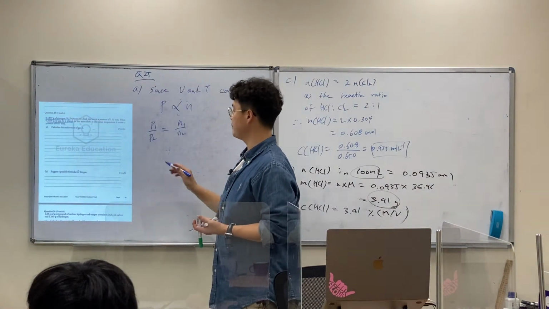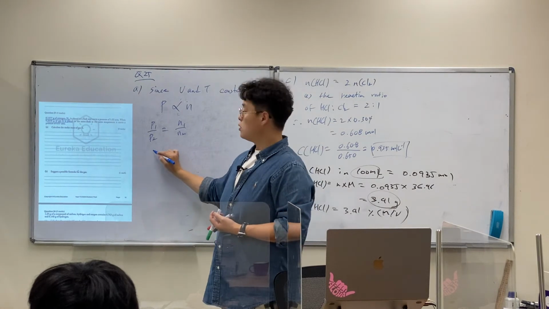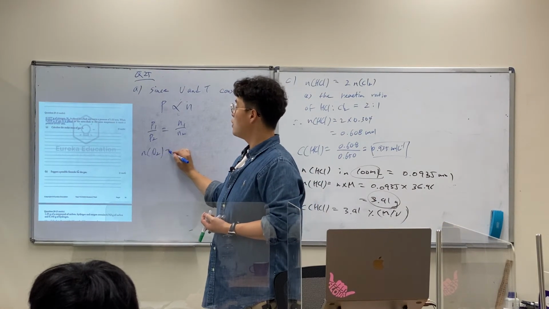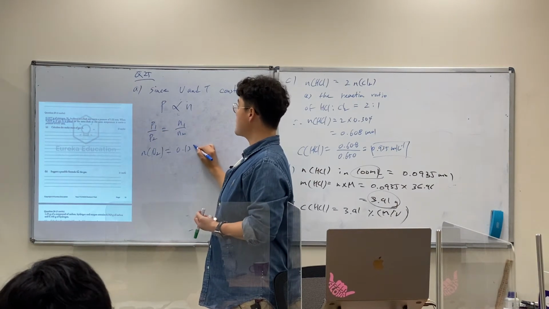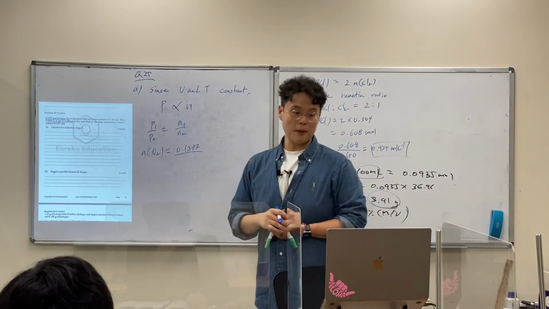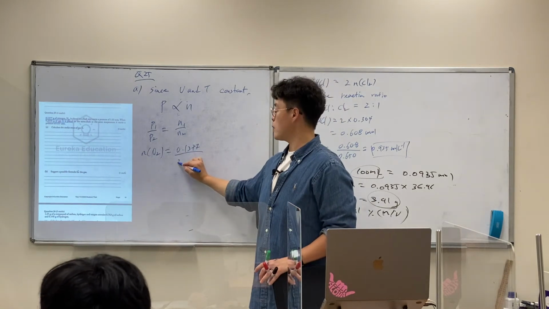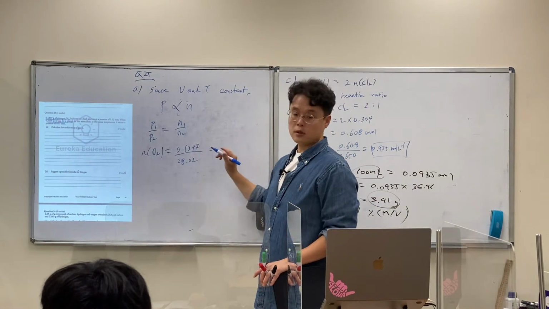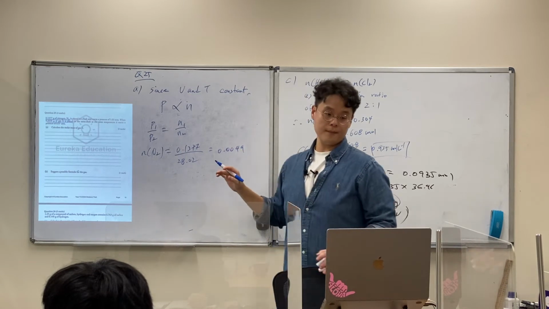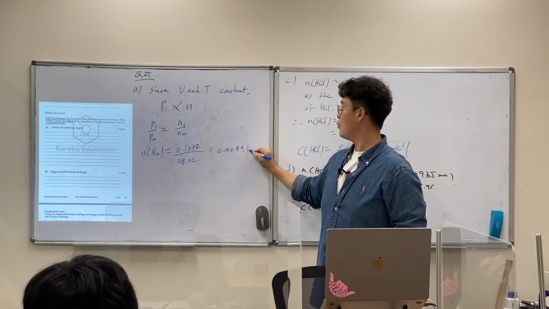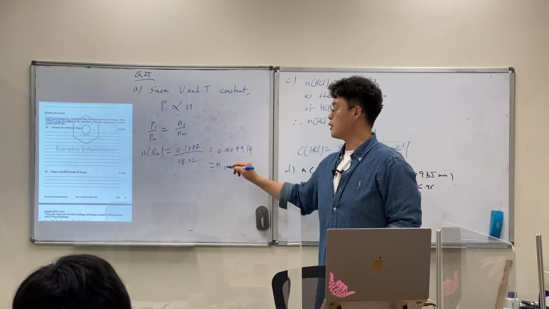So the number of moles of the N2 is given from the given mass, 0.1377 divided by the molar mass of the N2, 28.02. Then you should have 0.0049. We take that as N1.